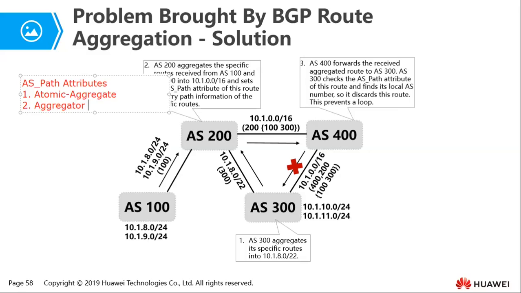So the atomic aggregate attribute is used to inform other routers that information has been lost on downstream routers.